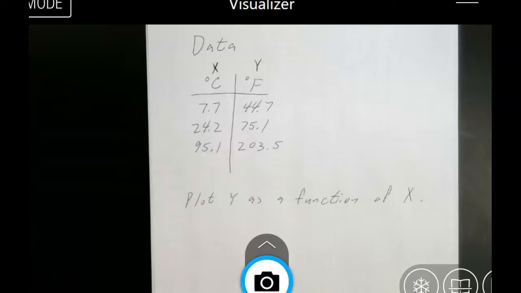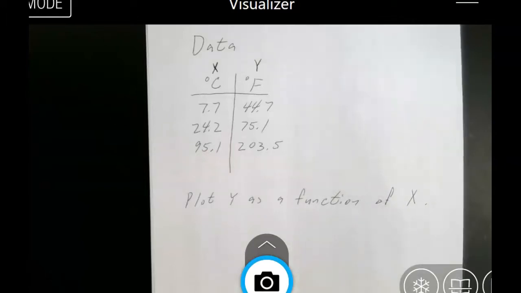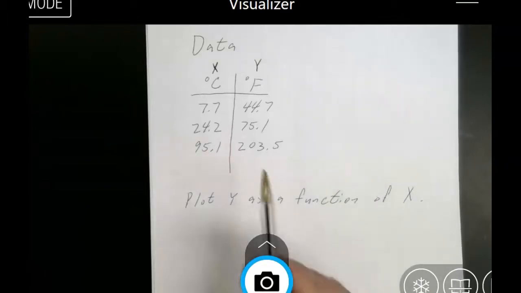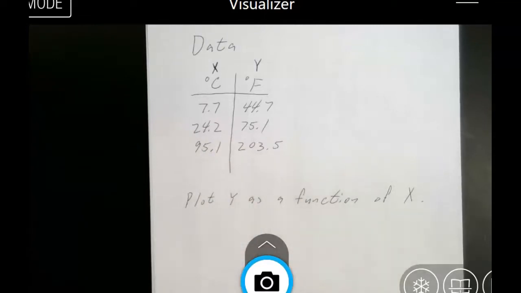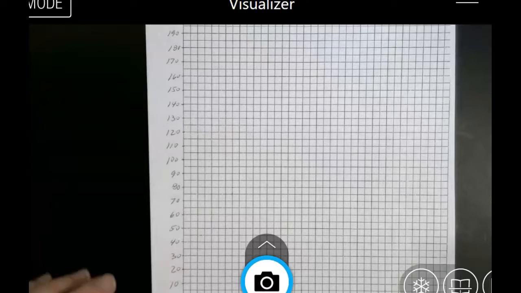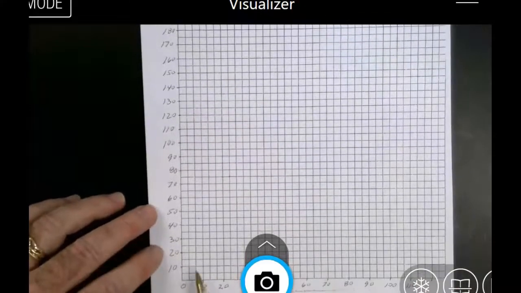So the first thing I need to do is figure out how to scale my graph paper. To do that, I'm going to look at my data and look at my largest values. I want to make sure that I can fit my largest values on the graph, but I also want to make sure the graph is spread out. You don't want to have a graph that's all scrunched down here in the corner.